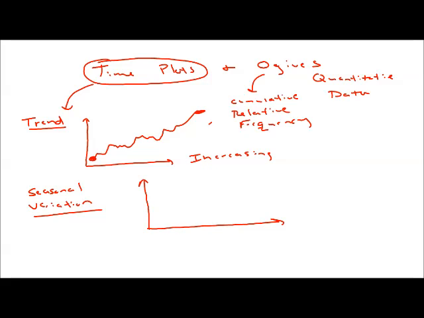So the seasonal variations are this right here, and this right here. They're peaking here. Okay, might be different parts of the year. Something may be causing it to peak there.